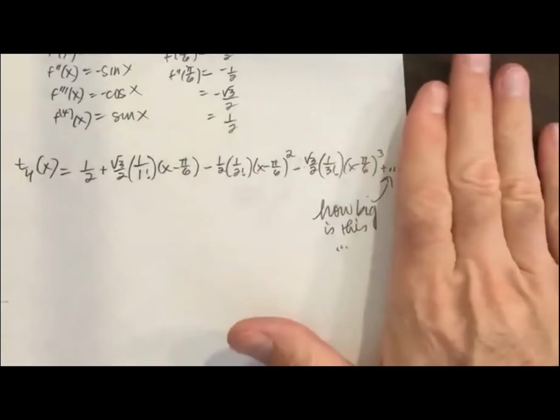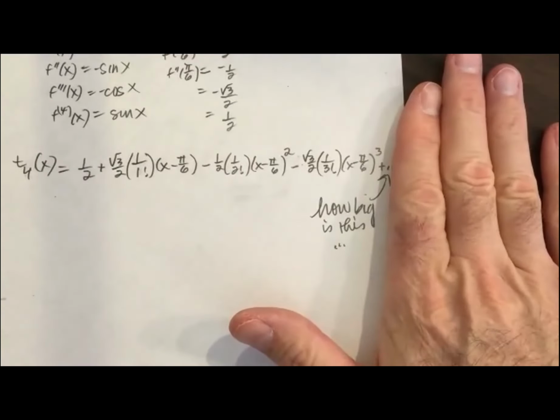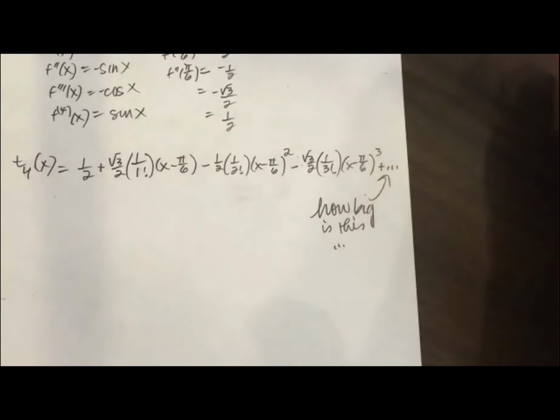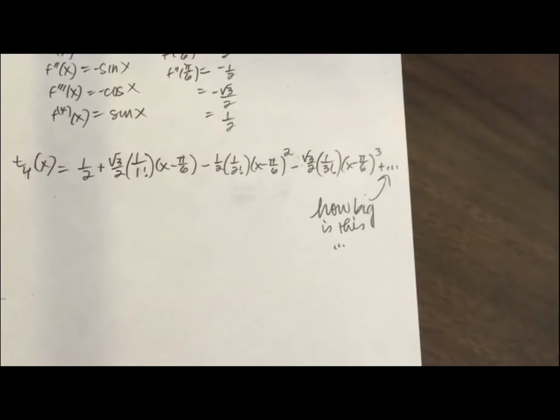If I stop at 3, then I don't get the exact answer, because I need the dot, dot, dot. The dot, dot, dot is the rest of the polynomial. And that error should be getting closer and closer to 0 as I have more terms.